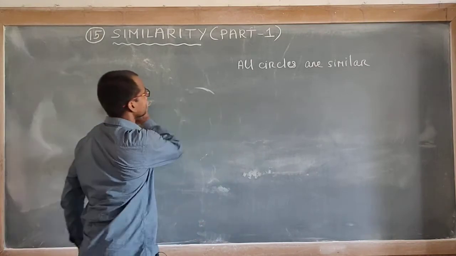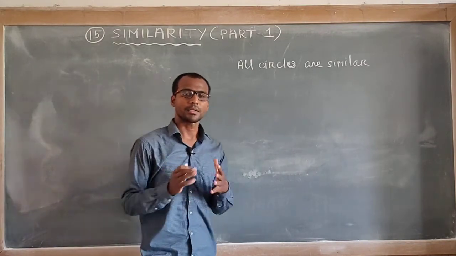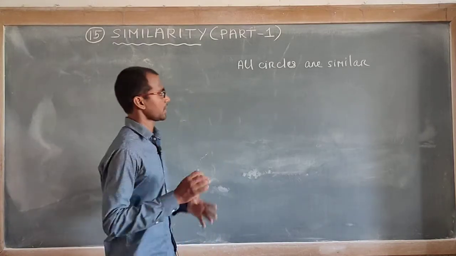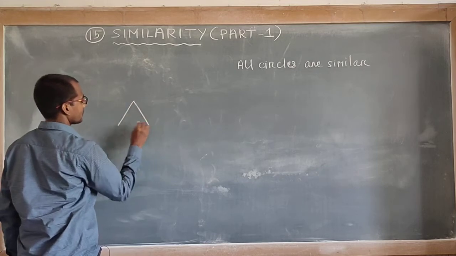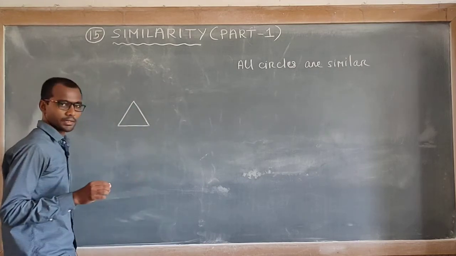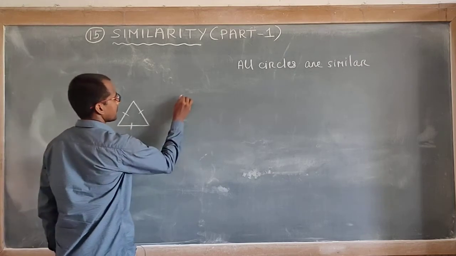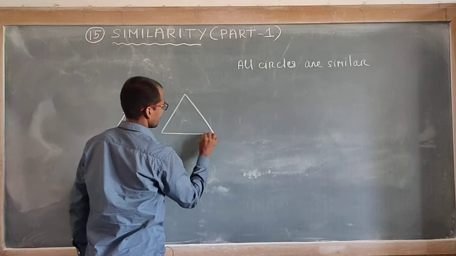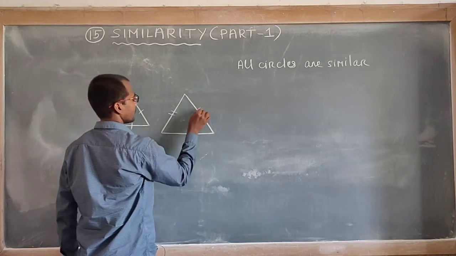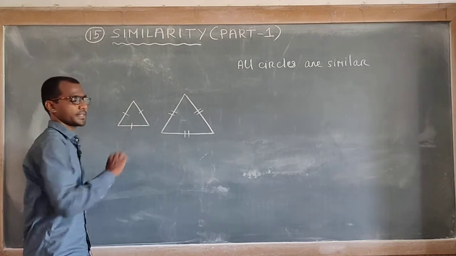Next, first I am taking plane figures, then I will move to solids. I have taken an equilateral triangle. Now I am taking another equilateral triangle. They are also similar because the shape is same.